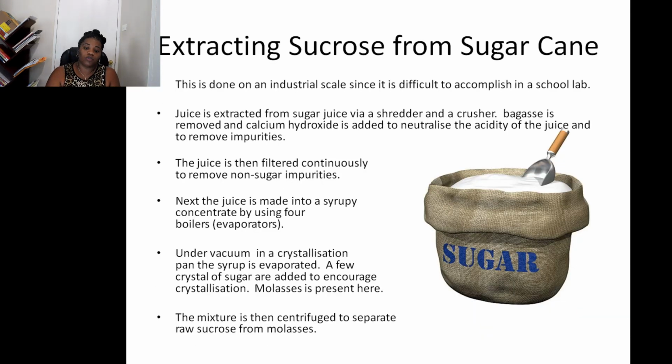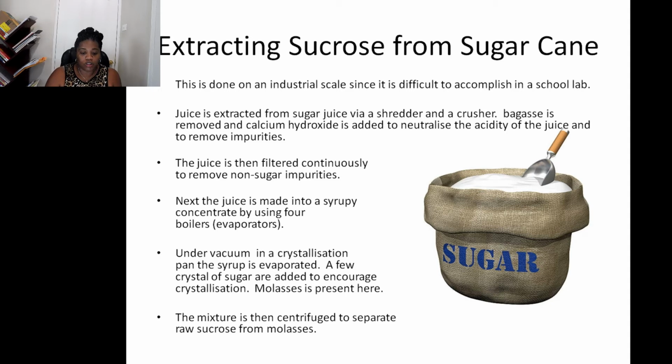Now, extracting sucrose from sugarcane. This is done on an industrial scale since it is difficult to accomplish in a school lab. Juice is extracted from sugarcane via a shredder and a crusher. Bagasse is removed and calcium hydroxide is added to neutralize the acidity of the juice and remove impurities. The juice is then filtered continuously to remove non-sugar impurities.